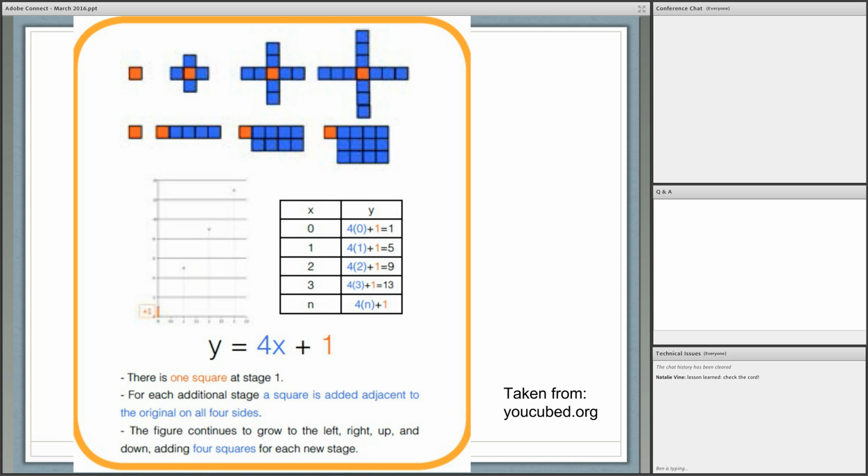But the different representations of that pattern would include the graph, a table of values, an equation, and some word descriptions. So I like, for instance, the one on the bottom that says this figure continues to grow to the left, right, up, and down, adding 4 squares for each new stage.